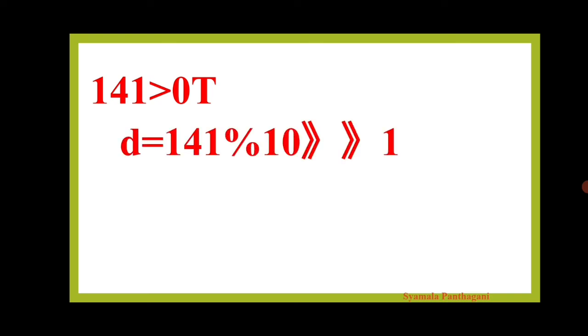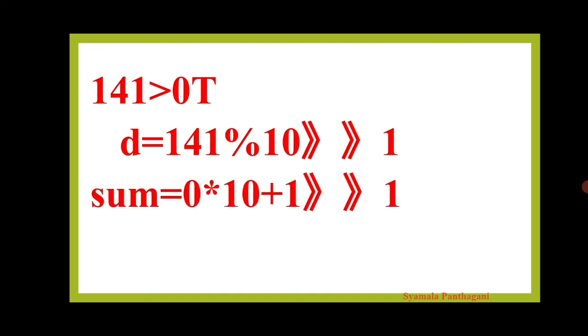That is, d is equal to 141 mod 10. Means the last digit we are taking as output, 1. Now sum is equal to sum star 10 plus 1. 0 into 10 plus 1 means 0 tens are 0 plus 1 is equal to 1.